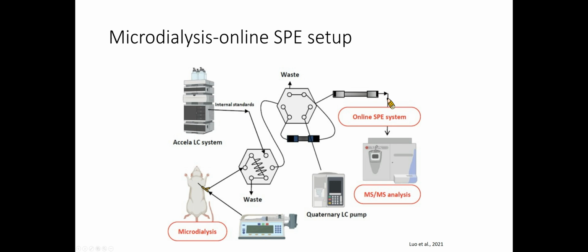Using this setup, we can automatically collect the concentration data every 15 minutes for 8 hours, which will reflect more accurate and relevant kinetics data, especially for the unstable metabolite.